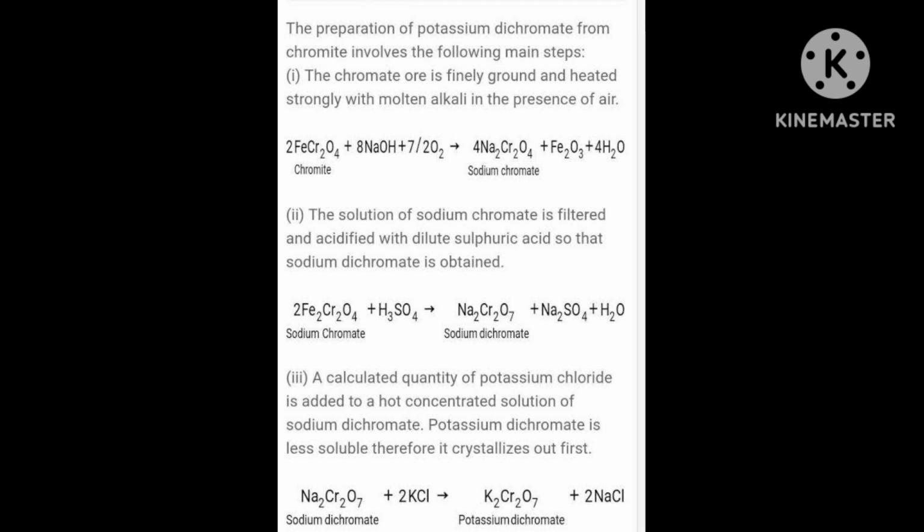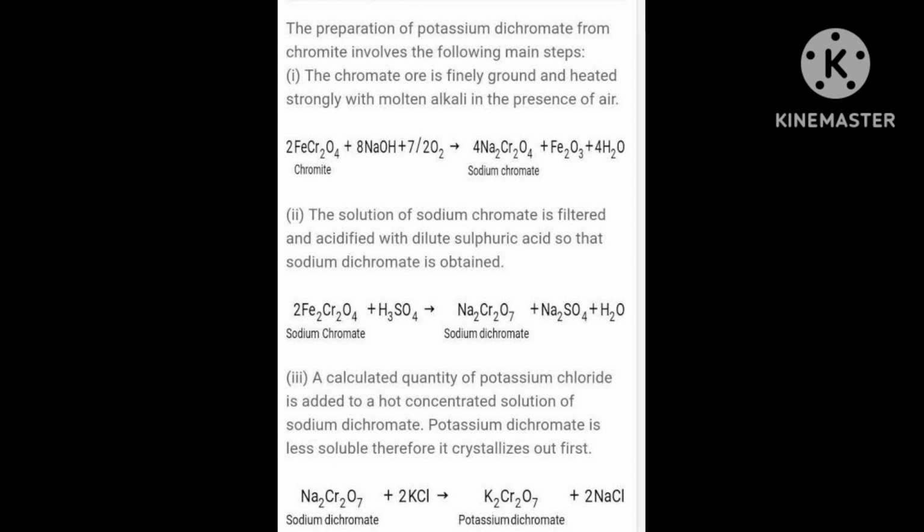Now I am telling you about another important compound: potassium permanganate, KMnO4. This is also a compound of a transition element, manganese. It is also a very, very important compound. Potassium dichromate is also used as an oxidizing agent.